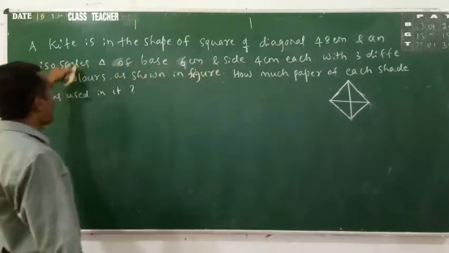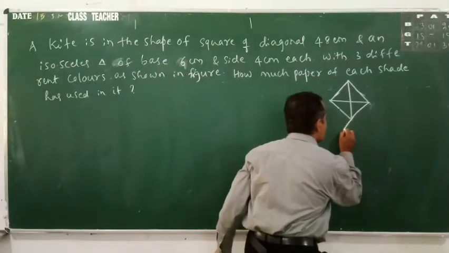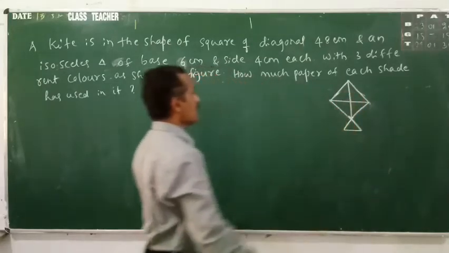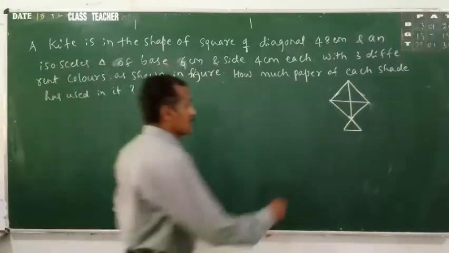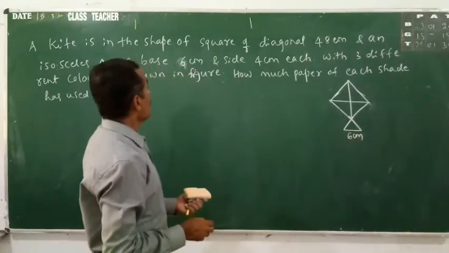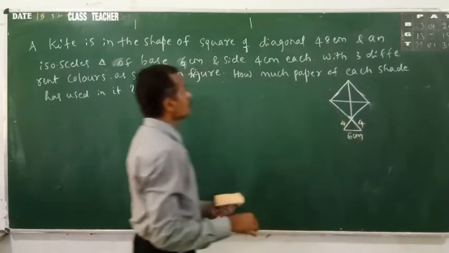And there is an isosceles triangle with a base of 6 centimeter, and sides 4 centimeter. This is 4 and this is 4.